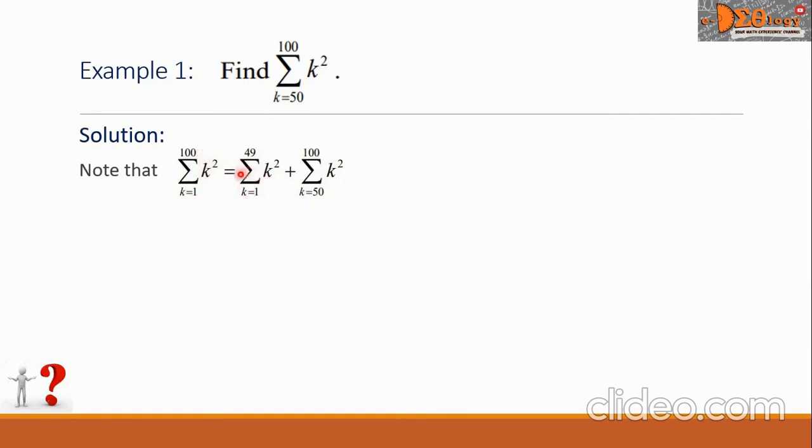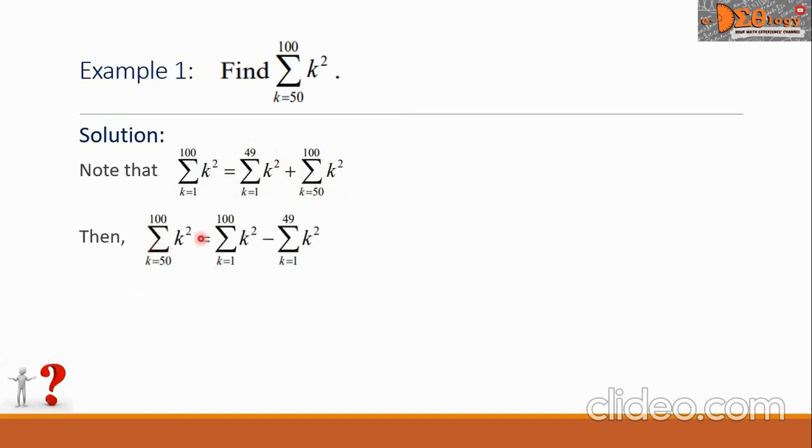The first is summation of k squared, where k equals 1 up to 49, plus summation of k squared, where k equals 50 up to 100. In our problem here, it refers to this summation. With this equation, if we want to solve for this summation, we're going to transpose this first summation to the left side. So we will have like this.